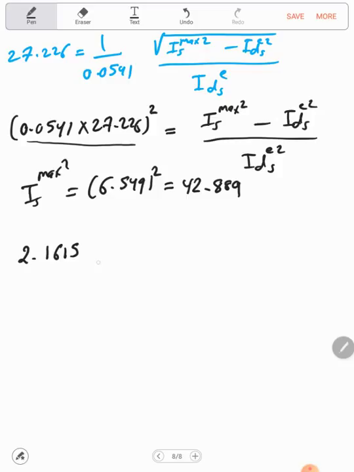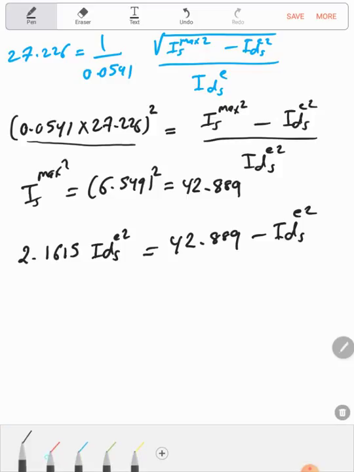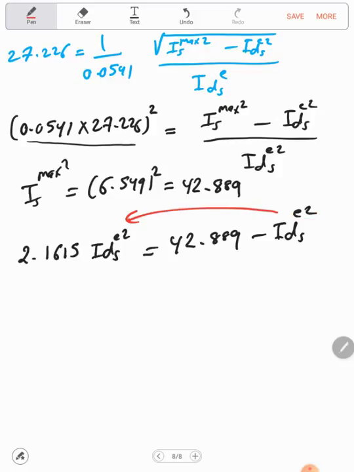If I multiply this one here, IDSE squared equal to 42.889 minus IDSE squared. Now separate the variable. This will be 3.1615 IDSE squared equal to 42.889.